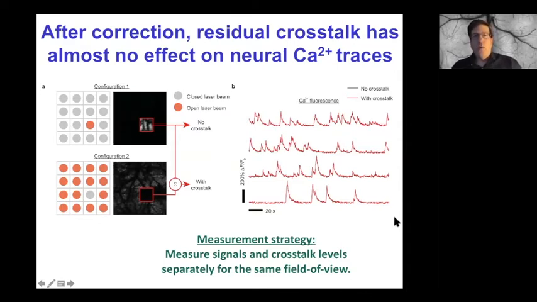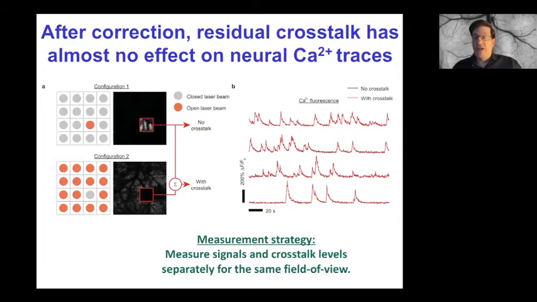And one of our control experiments illustrated here showed that after correction for the fluorescence scattering across the different tiles of our microscope, there was almost no effect on our ability to read out the so-called calcium activity traces from the fluorescent signals that we were acquiring.